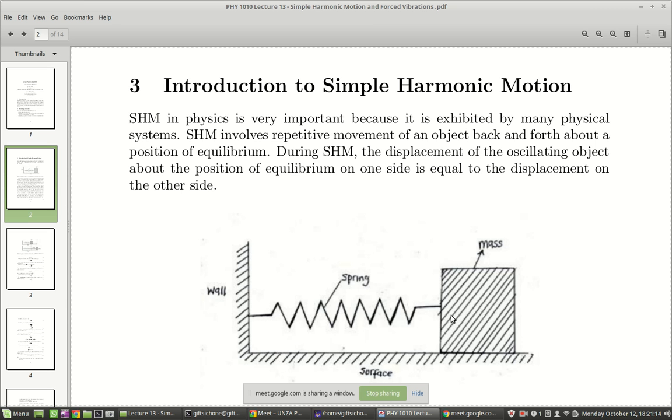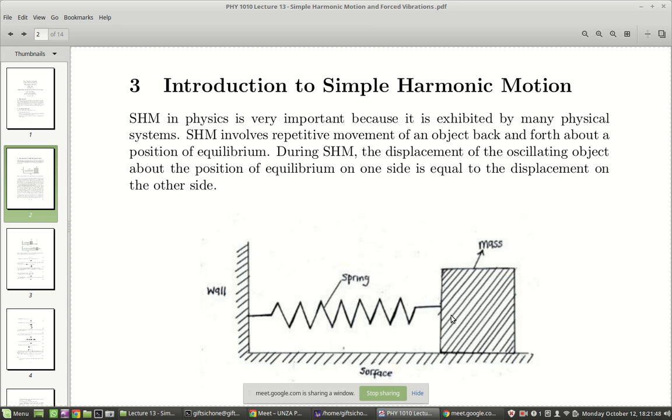If you give the two of them a bit of time, the spring and the mass, they will come to an agreement on where everybody is supposed to be. The mass is supposed to be at this particular position and the spring is supposed to be extended or compressed like this. So everybody at the end of the day is going to be happy. That is what we call a position of equilibrium, where the mass finds where it's supposed to be and the spring is also happy about where the mass is.